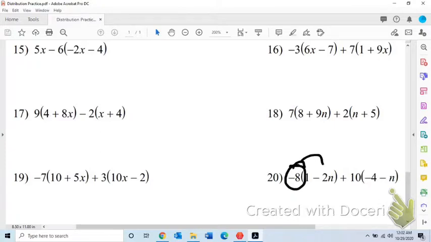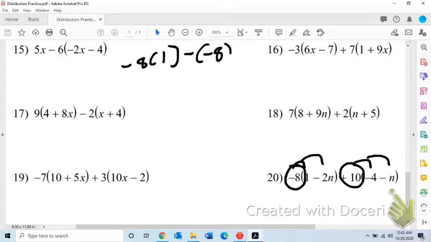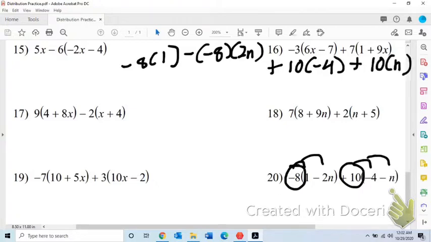So that gives us negative 8 times 1 minus negative 8 times 2n plus 10 times negative 4 plus 10 times n.